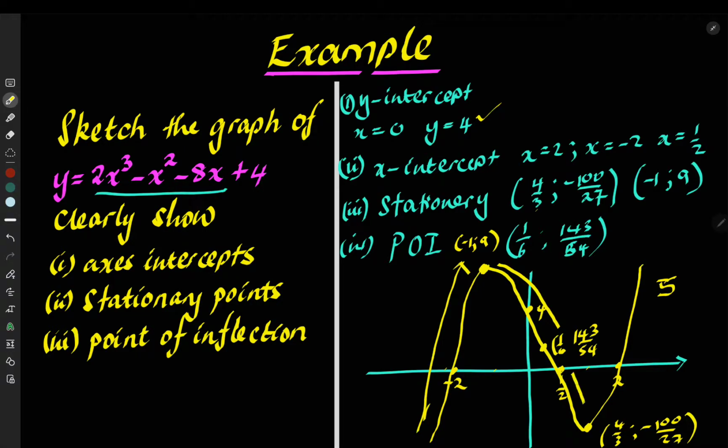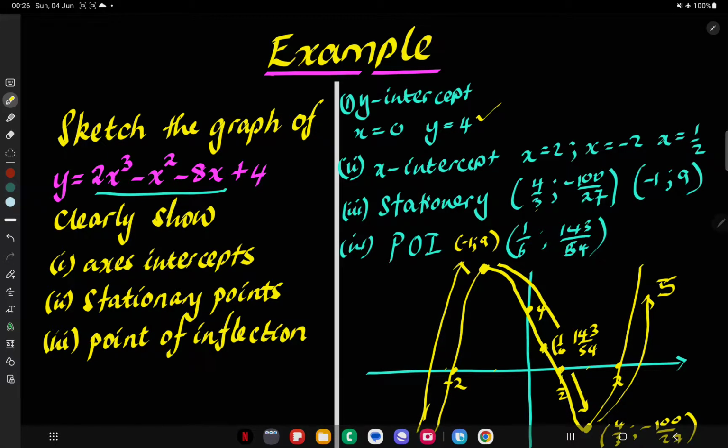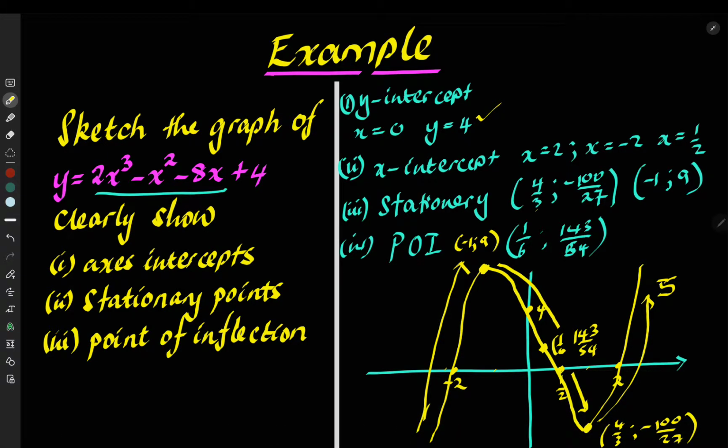Then it starts decreasing until here, and again it starts increasing from the turning point all the way to infinity. You can see it is concave down until the point of inflection, and concave up from the point of inflection up to positive infinity. And this is how you sketch the cubic function.